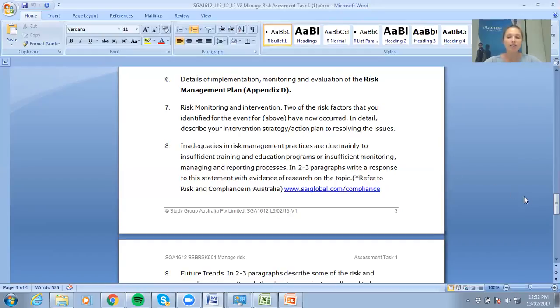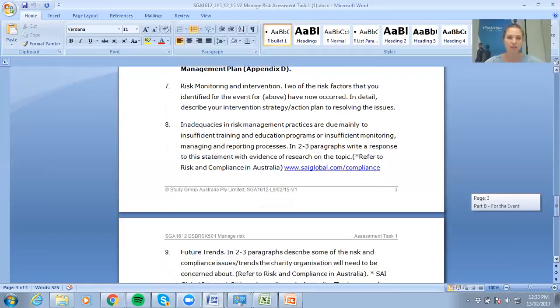Okay, that goes the same for insufficient monitoring, and if you're not managing and reporting on the processes and following protocol when it comes to risk, there will be repercussions further down the track in terms of risks either occurring or risks having repercussions to your organisation and consequences out of your control due to you not planning your risk management appropriately, okay, and having a think about the seriousness of each risk if it was to occur.